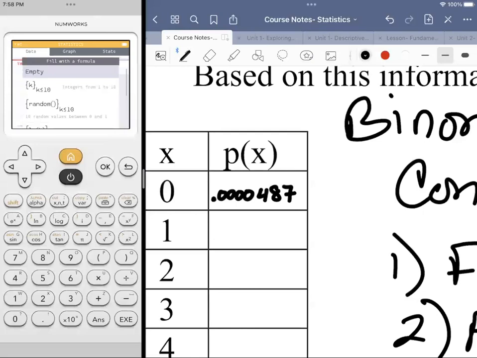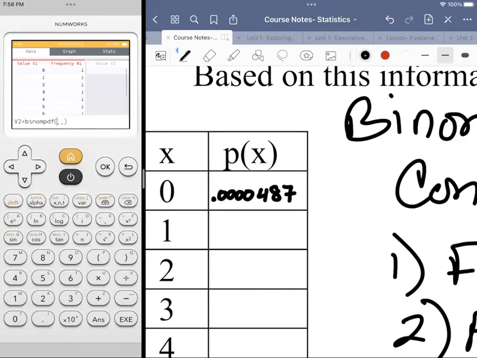All right, so what you would do is you go into the toolbox. So hit OK to select fill with a formula, then go into the toolbox, grab this. Now, the particular values are stored into V1. So I would select, I hit the wrong thing.